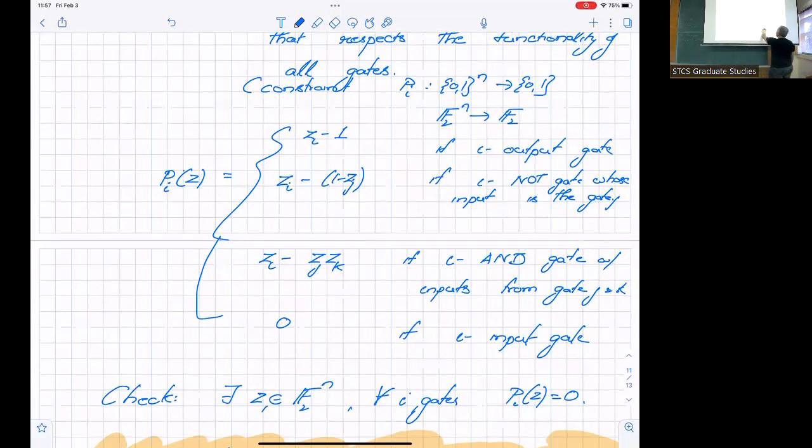Then suppose I want to check if PiZ is true for all i's. What would you do? You could query each of the PiZs as a linear function. Okay, there are some affine constants here, but you can query just the linear part of it and then add the constant yourself later. So let's assume all the PiZs are linear functions.